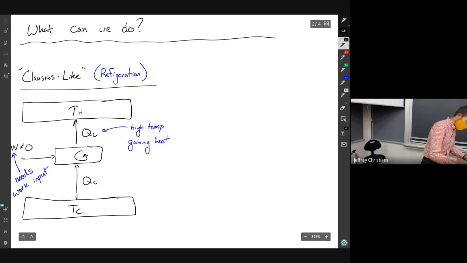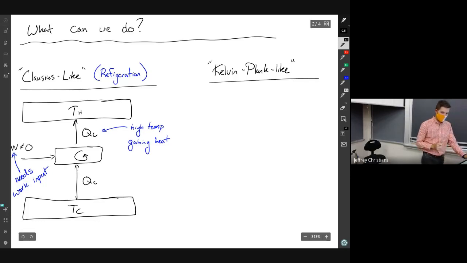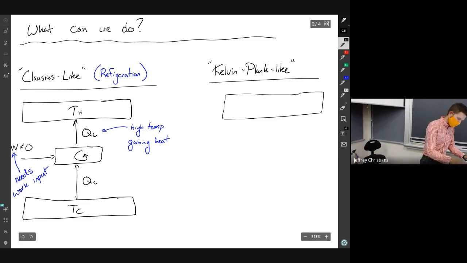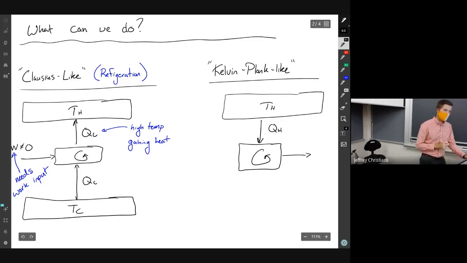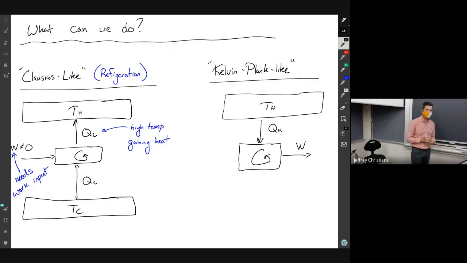Okay, the Kelvin-Planck-like process. Right, what Kelvin-Planck wants to do is have a black box which takes heat from a high temperature reservoir, QH, and turns that into work.